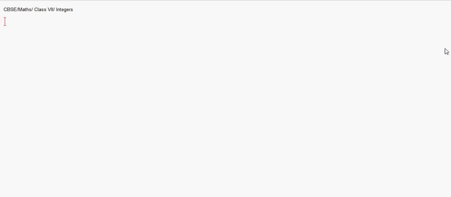It says the product of two numbers is minus 180. It informs that if one number is 12, find the other number. How do we find it? We'll just see.